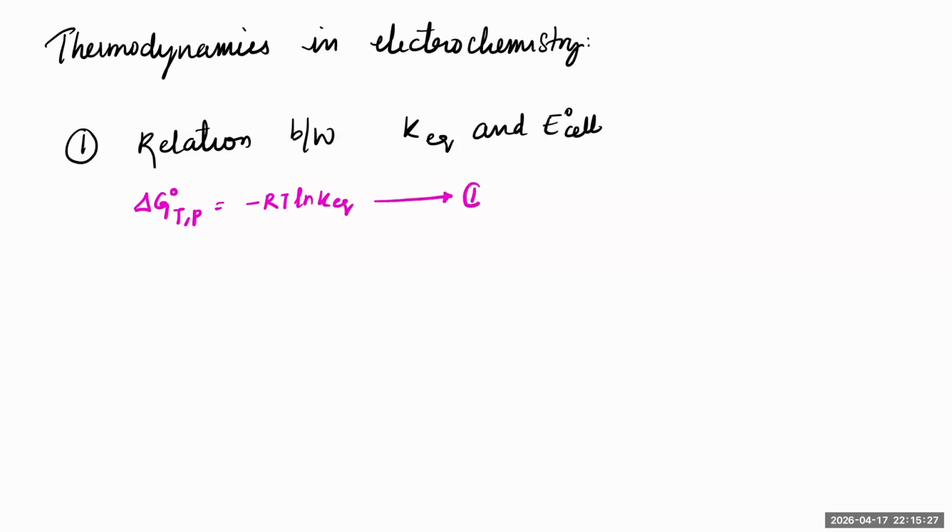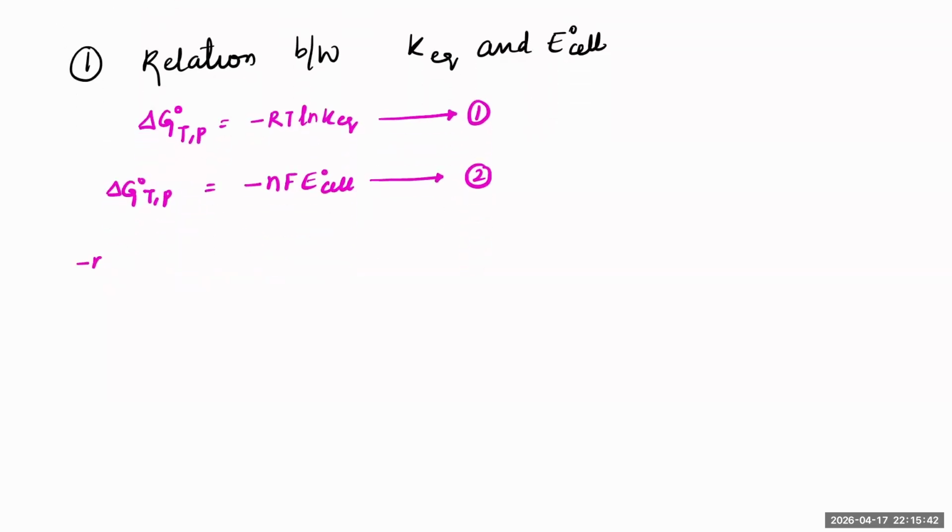Let me put this as equation 1. And delta G naught at constant temperature and pressure will be equal to minus nF E naught cell as well. So let this be equation 2. Now because these two are one and the same, I can equate both of them. So minus nF E naught cell will be equal to minus RT ln K equilibrium.